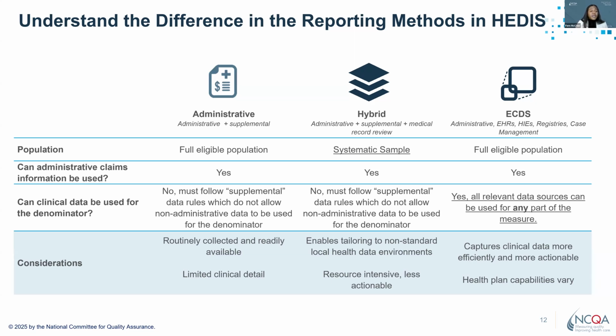So they could supplement that information with supplemental data, but they cannot do that for the denominator. So the denominator can only include administrative data. There's a few exceptions, but for the most part, you can only include administrative data to calculate your denominator for the traditional methods.